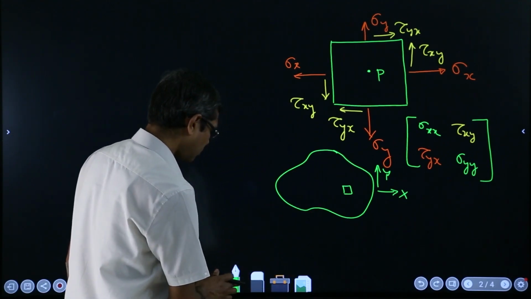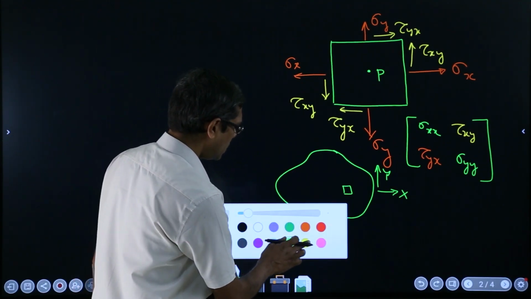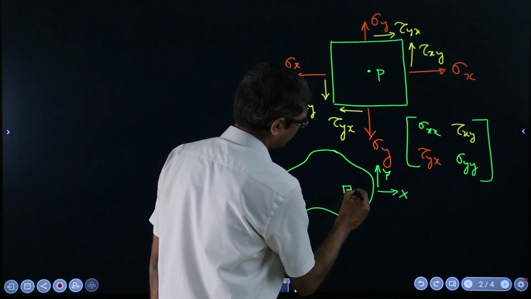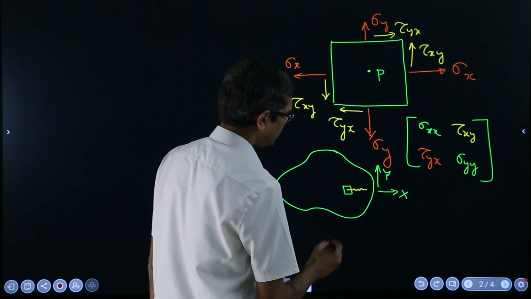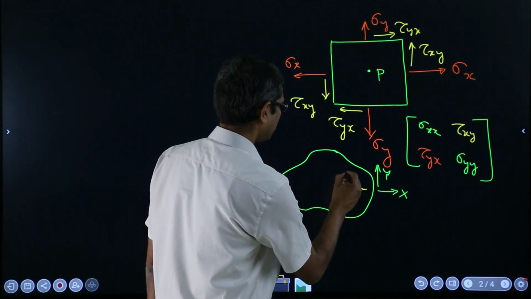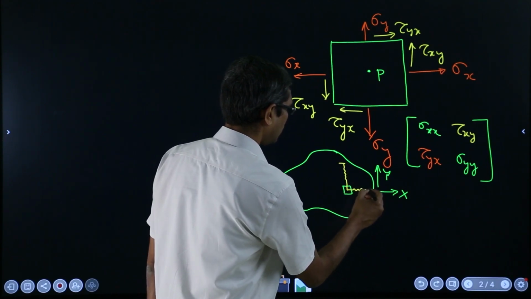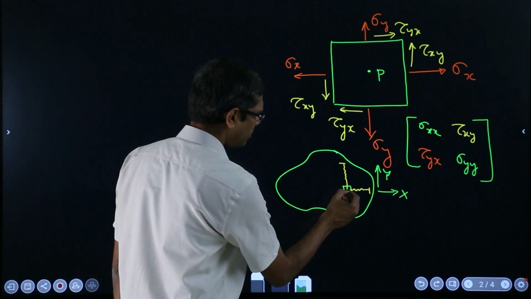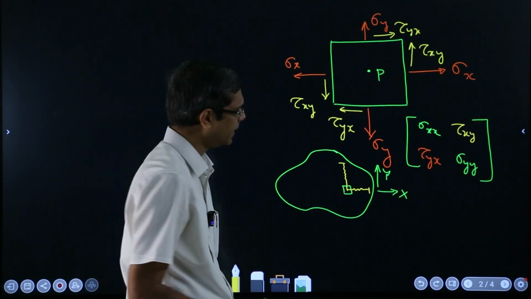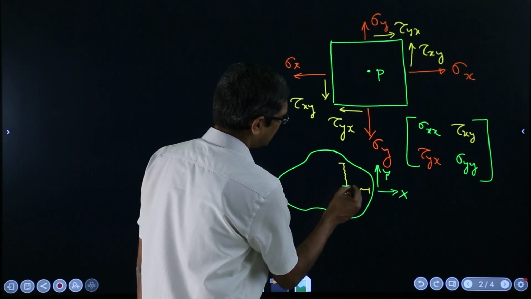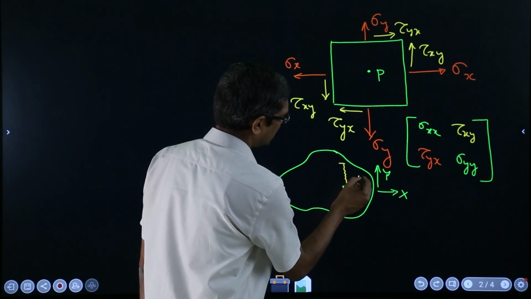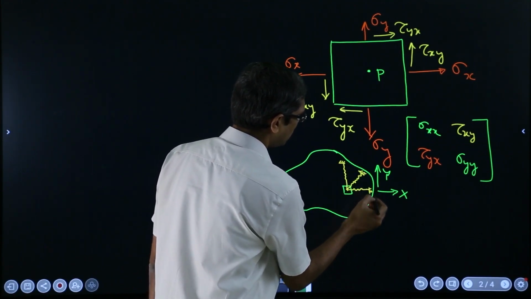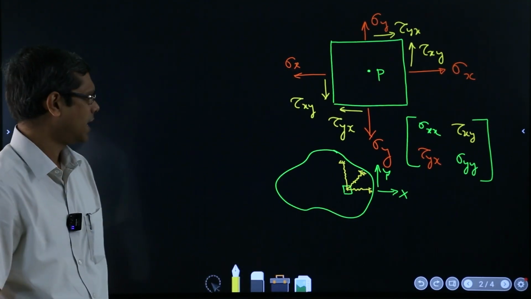Just imagine that what they do is, think that you attach a spring here, you attach a spring here, okay, to the body. These springs are attached to the body at this point P, and they are very small. There is another spring which is attached here, and we know the spring constants of those springs anyway.